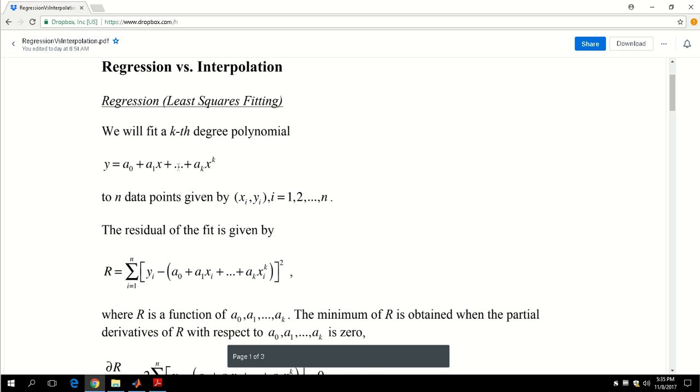If you want to include x squared and up to x to the k's power, and k is larger than or equal to 2, then that's a nonlinear function in x, right? But it's a linear function in a0, a1, and so on, and the a's are unknown, because x and y are given, but a's are not. So with respect to the unknown a's, it's a linear function. So that's why it's called linear regression, right?